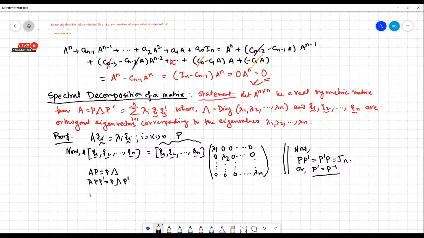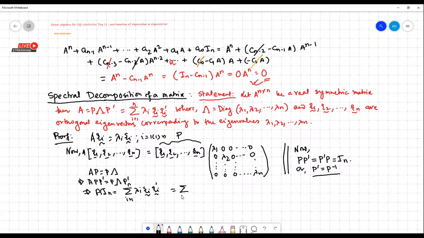Since P is an orthogonal matrix, we write A equals PΛP', and this is nothing but the sum of λ_i ξ_i ξ_i', i from 1 to n.